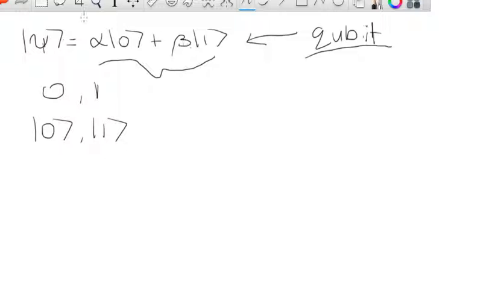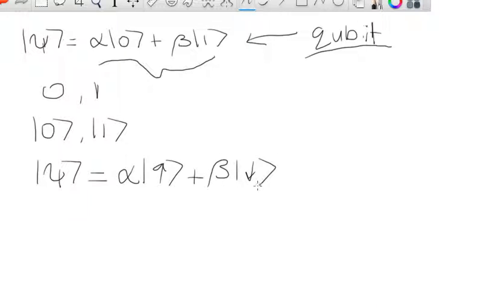Now ket psi might represent the superposition of two spin states of an electron. So in that instance, we can write it as ket psi equals alpha spin up plus beta spin down. Or alternatively, a photon in a superposition of two different polarizations.